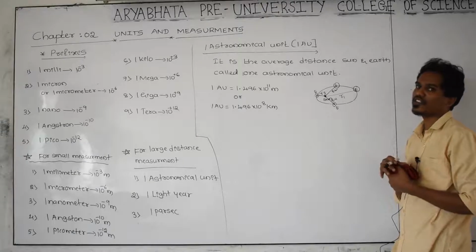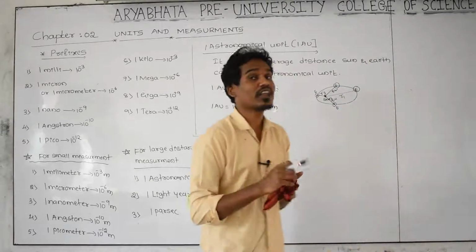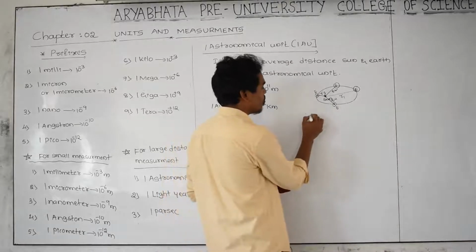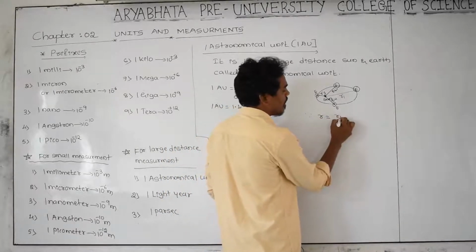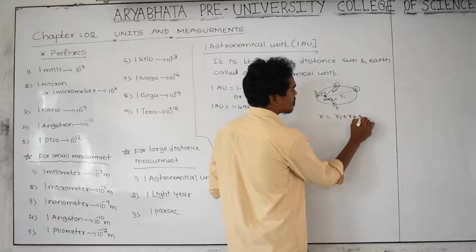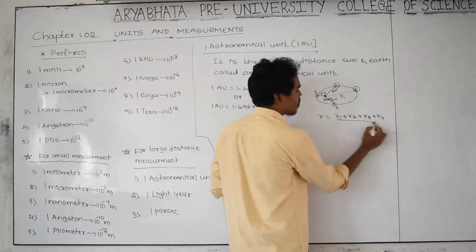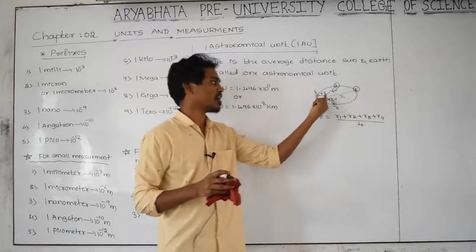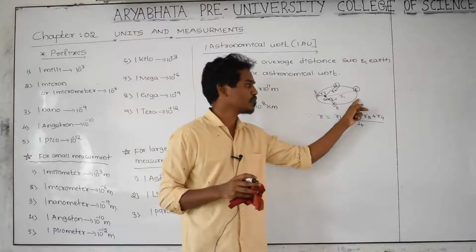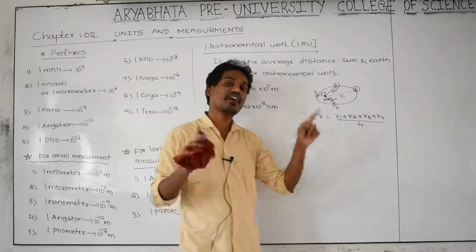Then what about the distance between the Sun and Earth? That's why we need to calculate the average value. Therefore, the distance between Sun and Earth, that is small r, is equal to R1 plus R2 plus R3 plus R4. How many readings? 4, means divided by 4. Or if you take one more position, R1 plus R2 plus R3 plus R4 plus R5 divided by 5.